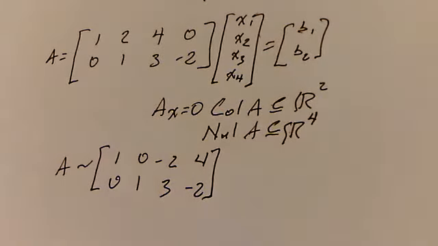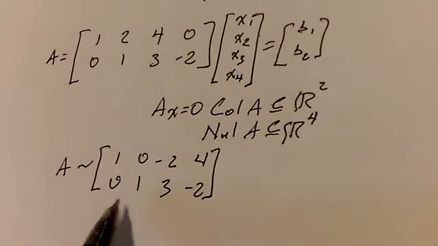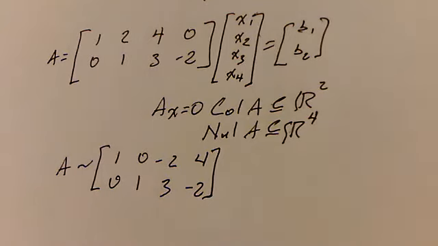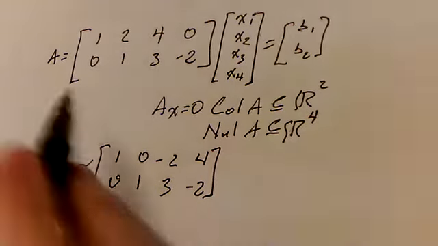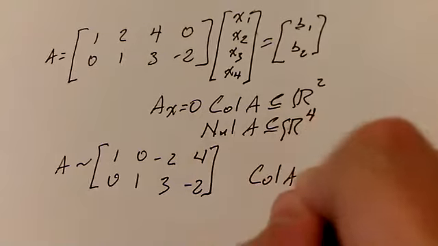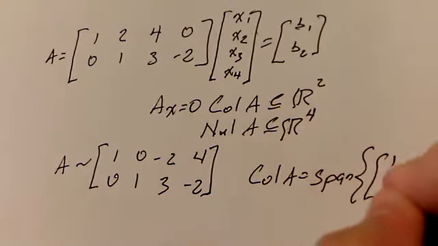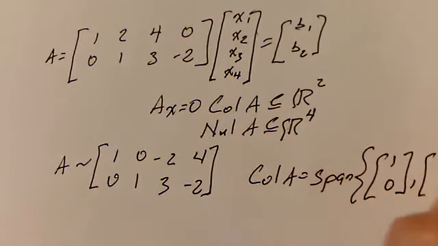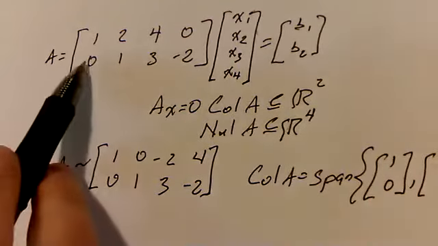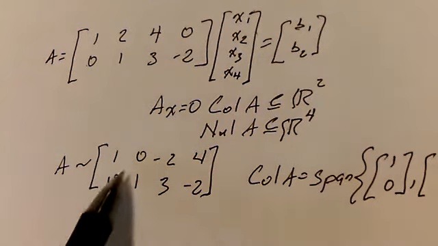Since those vectors were in R2, we knew we could have at most 2 of them be independent. So take your columns from A. The column space of A is equal to the span of those first 2 columns, (1, 0) and (2, 1). Remember to get them from A originally, not from the reduced matrix.